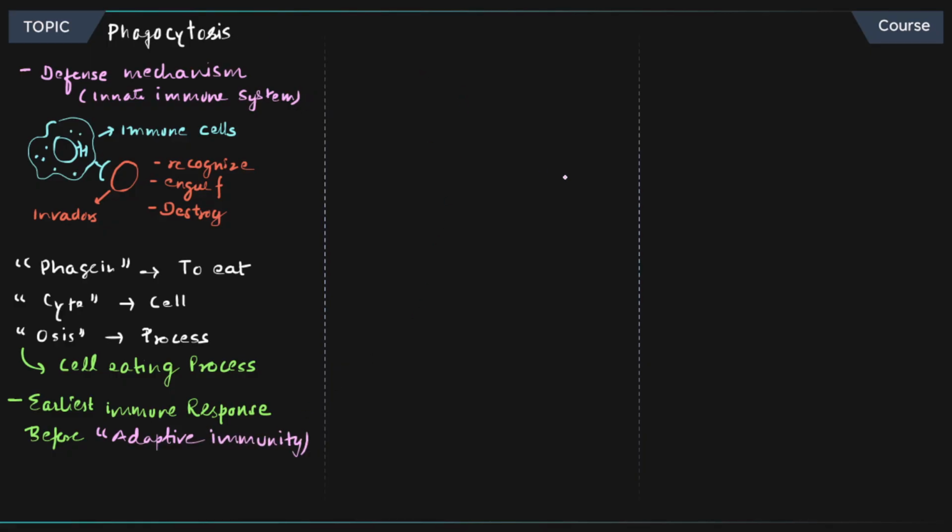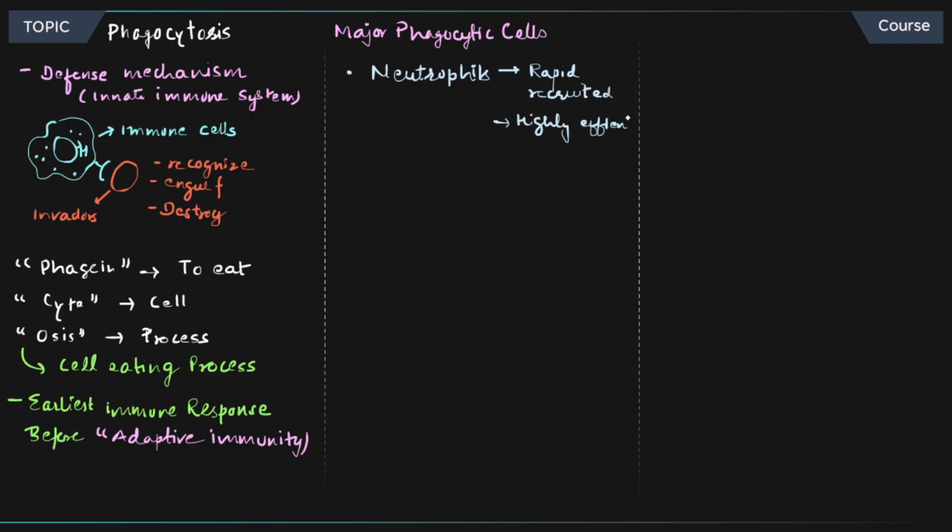Now let's talk about the major phagocytic cells. Let me write it down, phagocytic cells. The first one is neutrophils. I hope you remember from our last discussion. They rapidly get recruited to the site of entry of the pathogen, and they are highly efficient also.